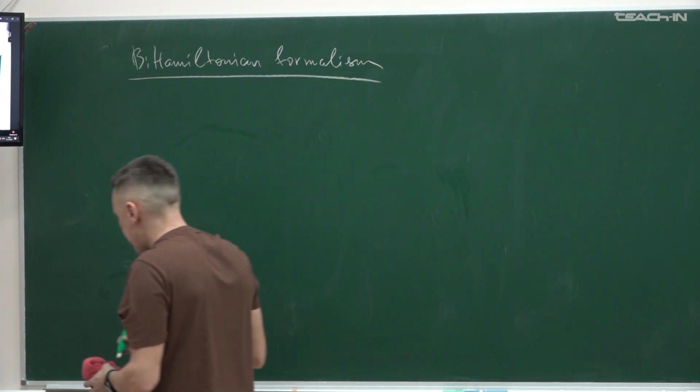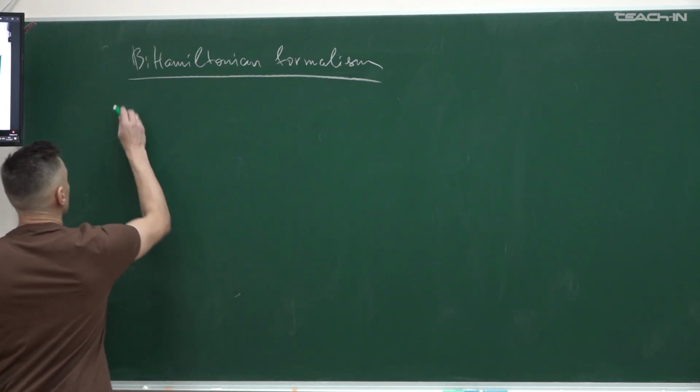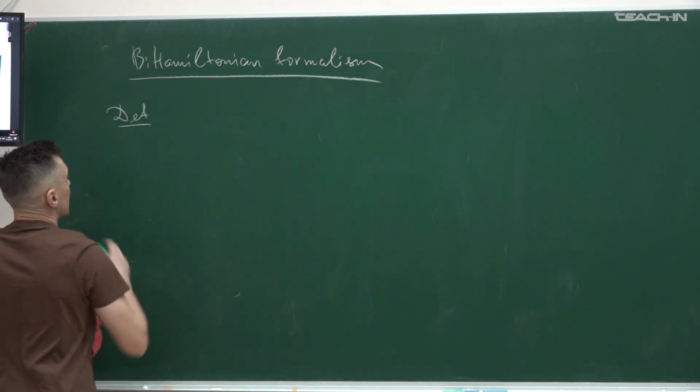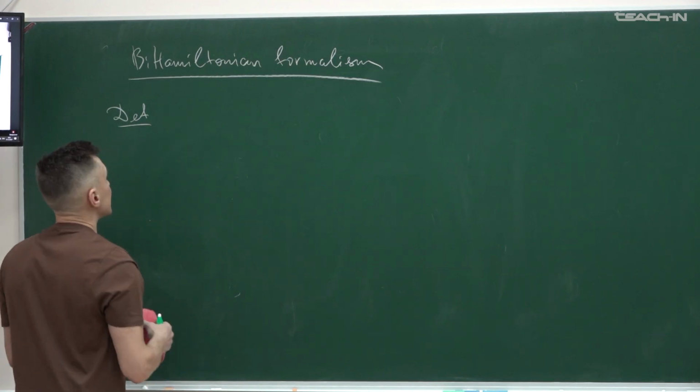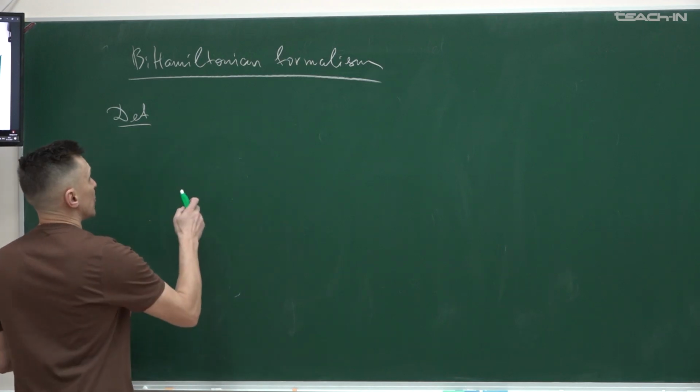So first of all, we need a notion of compatible Poisson structures.